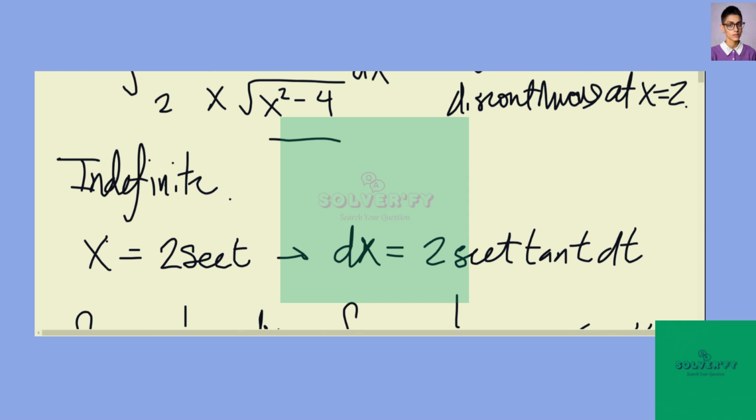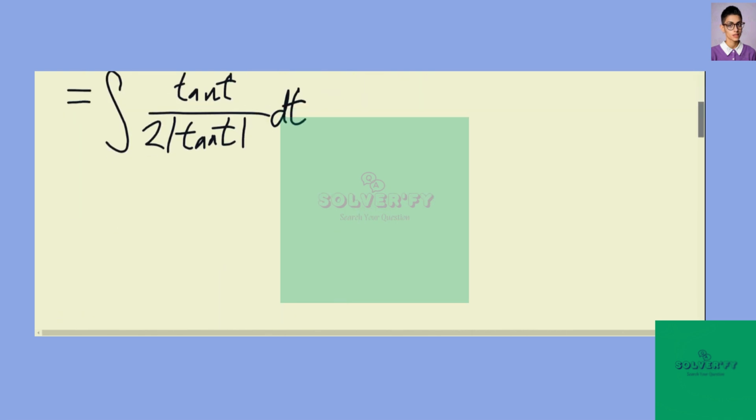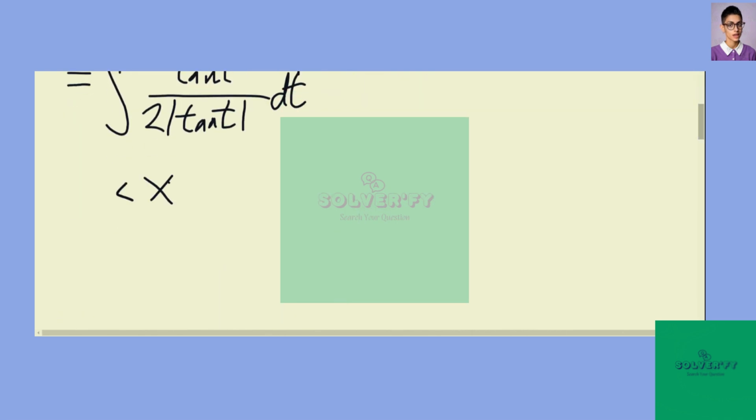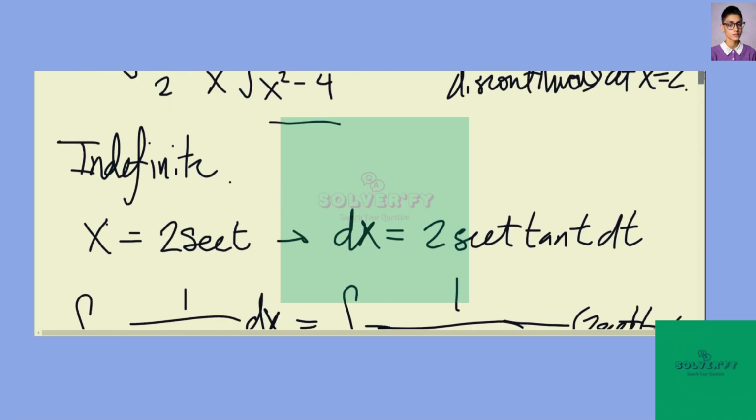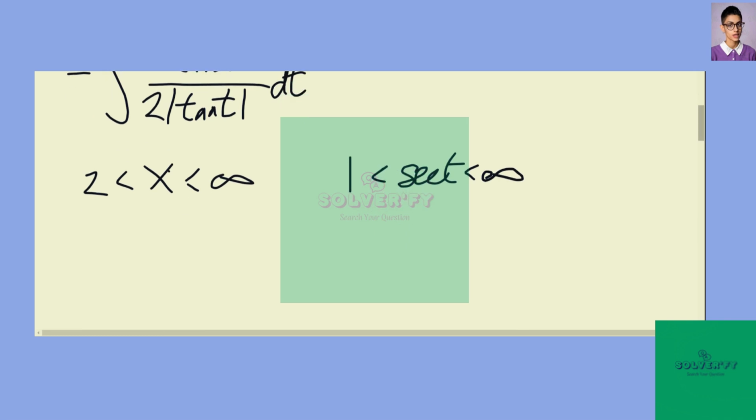Well, this kind of depends on what domain you're using. So we know that x lies between 2 and infinity. We also know that x is equal to 2 secant t, so secant t is going to lie between 1 and infinity. What does this tell us about t? Well, this is the same thing as cosine t has to lie between 0 and 1.